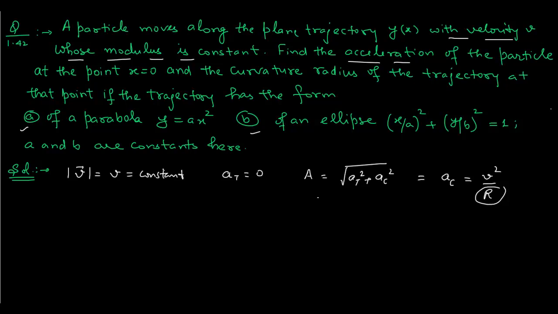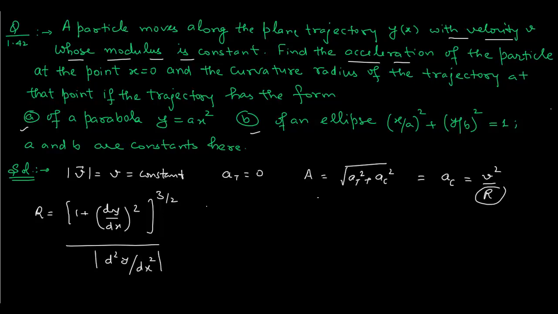Clear? So we know that the formula for the radius of curvature is 1 plus dy by dx whole square, all raised to the power 3 by 2, divided by the modulus of the double derivative of y with respect to x.